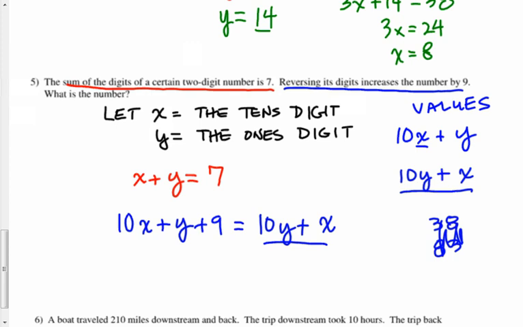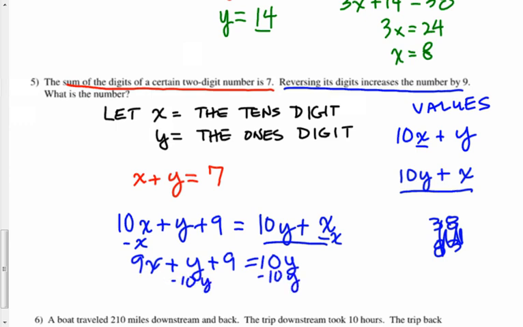And I think to solve this one, I'm going to simplify this second equation as much as I can. Let's subtract x from both sides. Get rid of that x, so then we get 9x plus y plus 9 is equal to 10y. Let's subtract 10y from both sides. Now we have 9x minus 9y plus 9 is equal to 0.